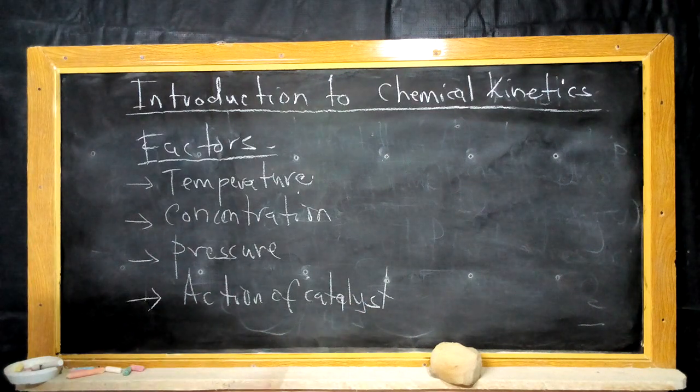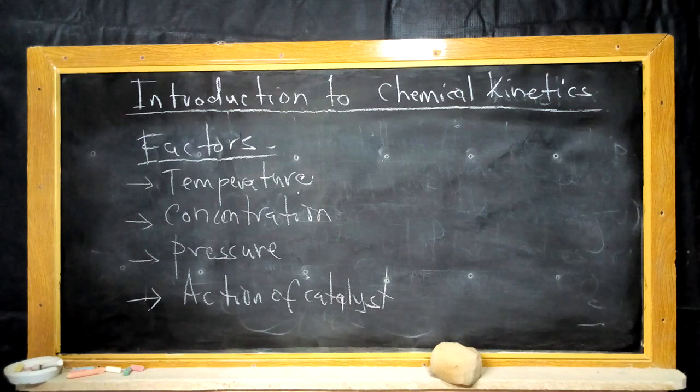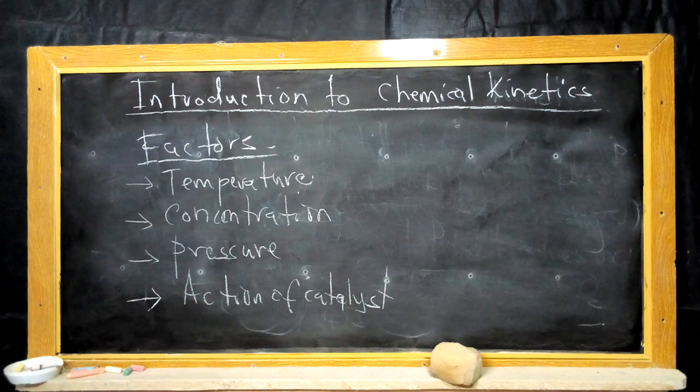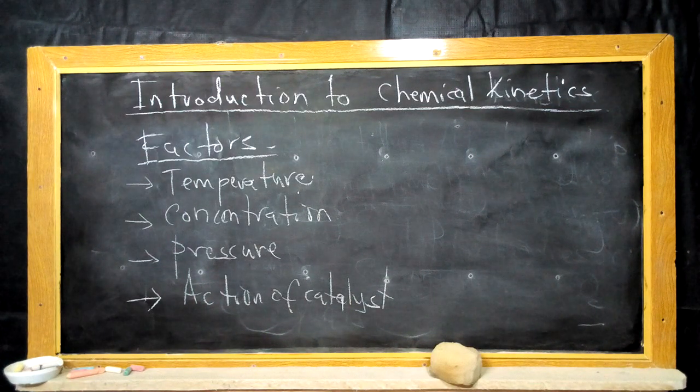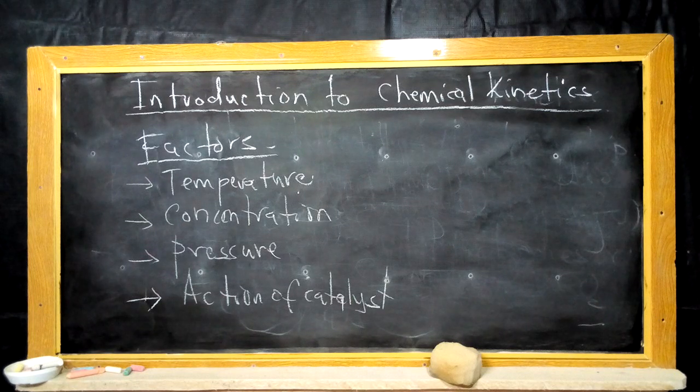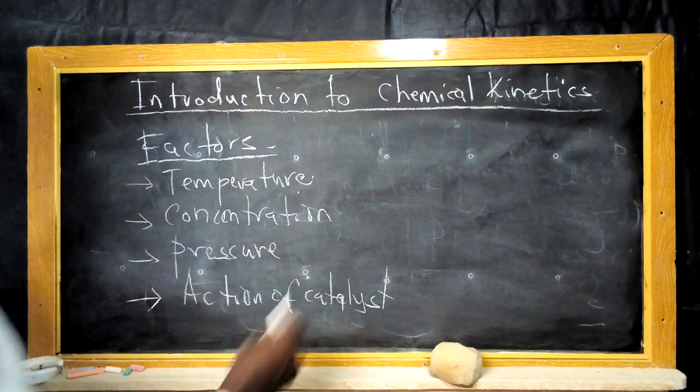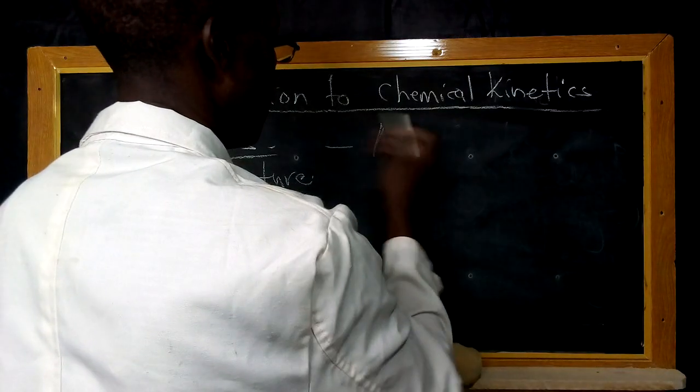By definition, a catalyst is a substance that is involved in a chemical reaction without being consumed or changing its nature. These are some of the factors that we are going to consider when looking at the rates of reaction. And then we are also going to consider the surface area.